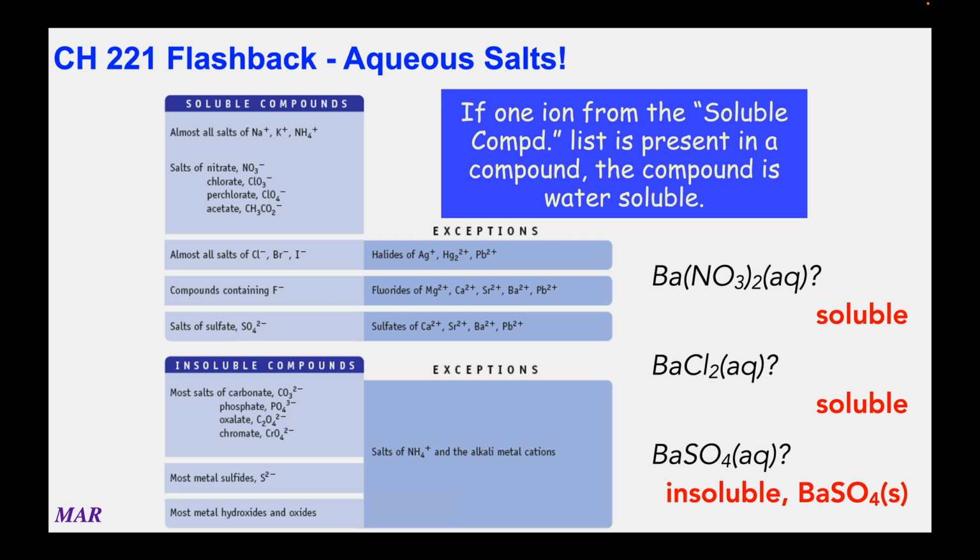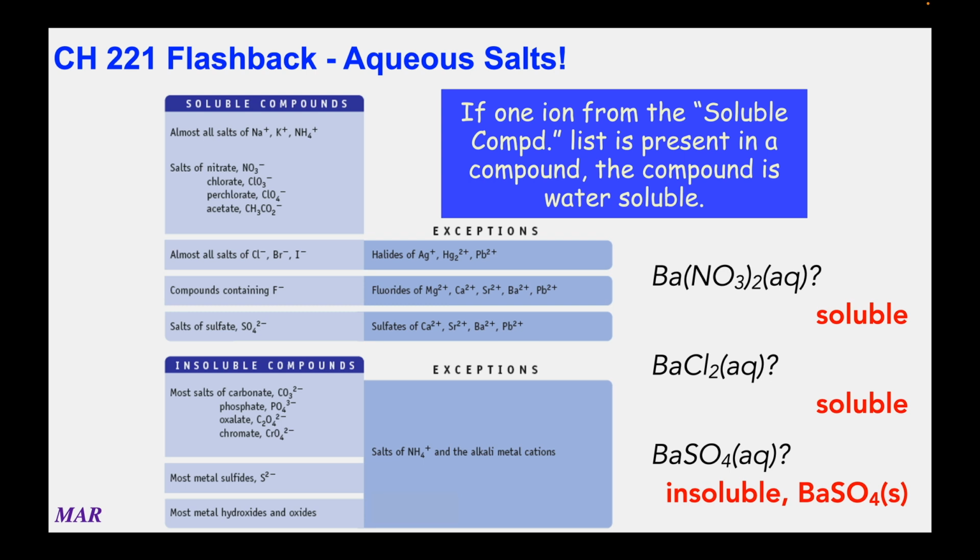I highlighted at the time how chloride, bromide, and iodide are AQ except with silver, mercury 2,2+, and lead 2+, and most of the negative anions, especially the polyatomic ions, are insoluble unless they're with sodium, potassium, ammonium, stuff like that. So on the right-hand side, here's an overview and a reminder of how to use this guide.